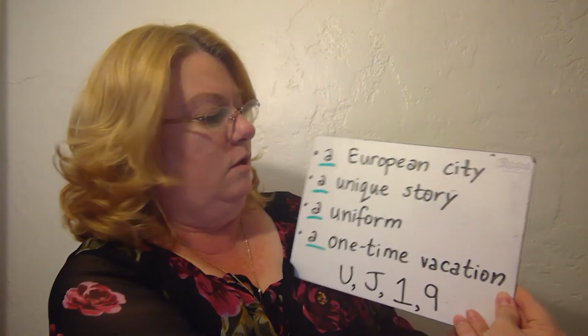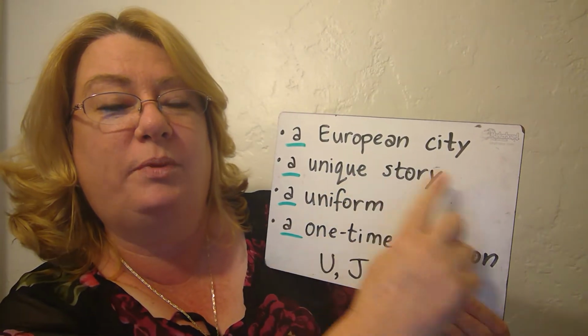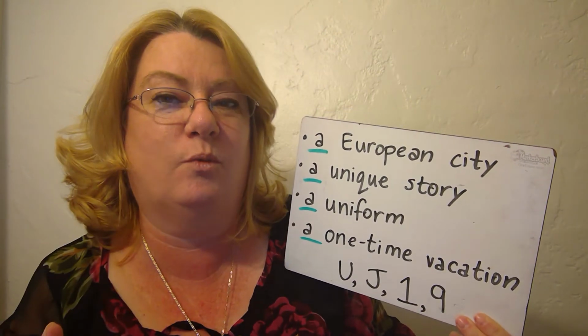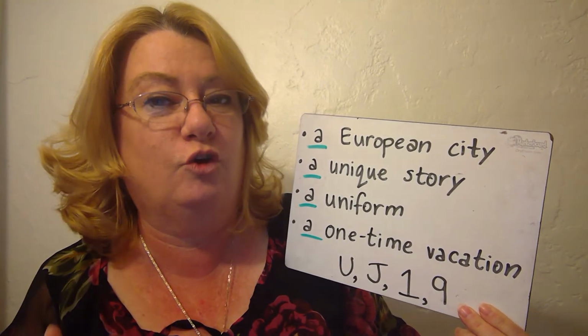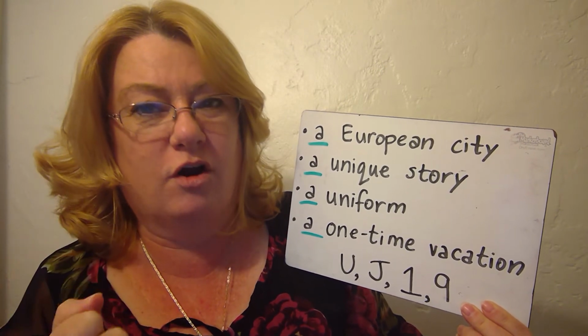Now sometimes it's a consonant sound, but it looks really different. We've got the example of a European city. This was the challenge the other day when we had the word European. European, European. It's a hard Y sound.